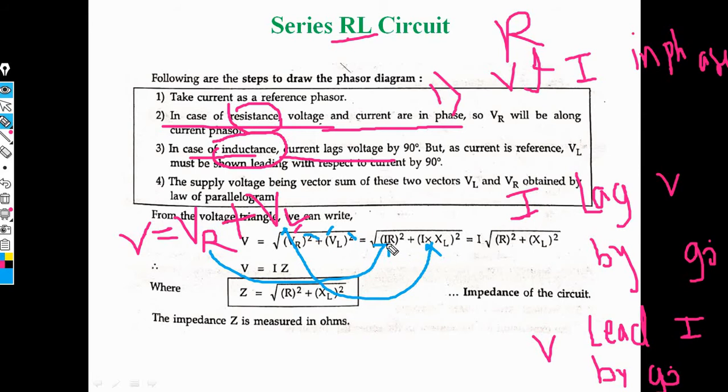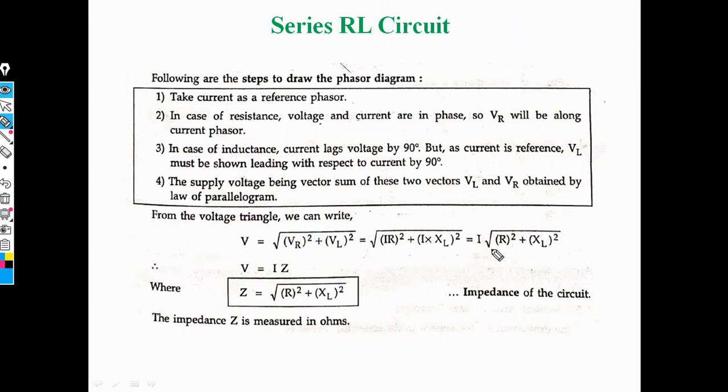Now we are taking I outside the square root, that is I into the bracket of square root of R square plus XL square. The value of the square root of R square plus XL square is considered as Z, that is impedance. Z is equal to the square root of R square plus XL square, and this impedance is measured in ohm.